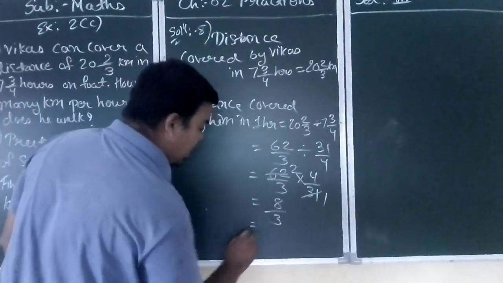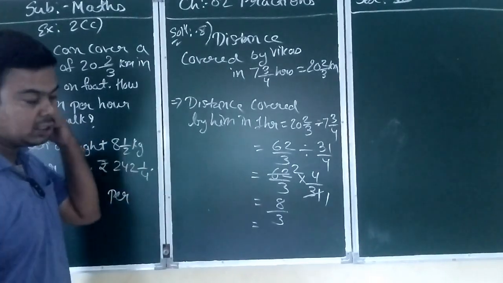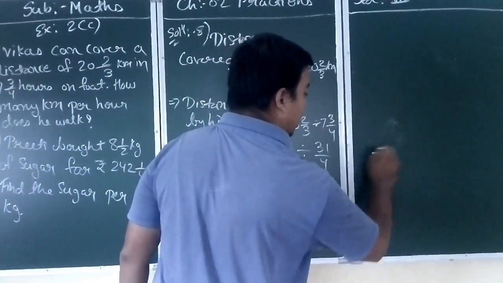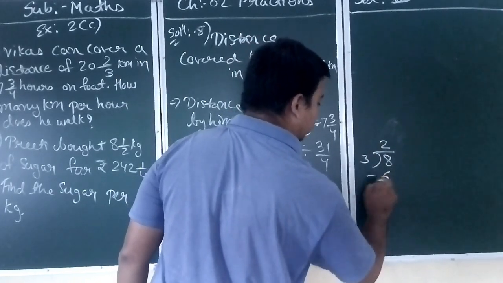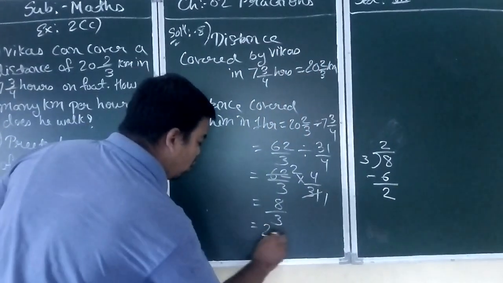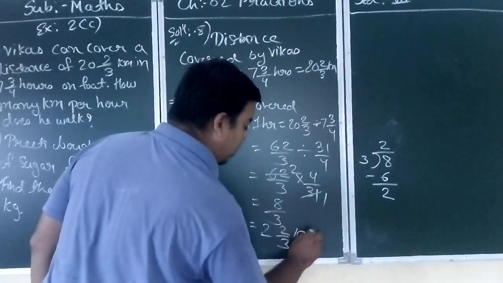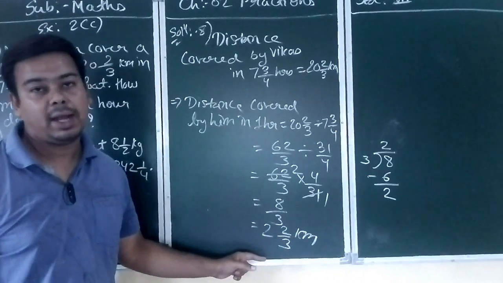Now 8 by 3 you change into mixed fraction. 8 divided by 3, 3 twos are 6, remainder 2. So 2 by 3 kilometer. Means distance covered by him in 1 hour is 2 by 3 kilometer.